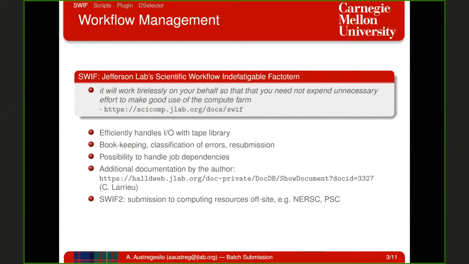Now Chris is still at the lab and he's working on a Swift 2 system that actually works similar but submits to offsite computing resources like NERSC, Pittsburgh supercomputing, or maybe even the OSG. But this is work in progress, and at the moment the standard user can use Swift only to run jobs here at the farm.